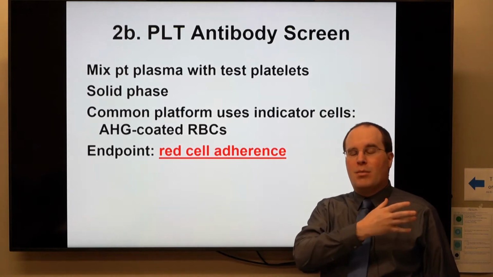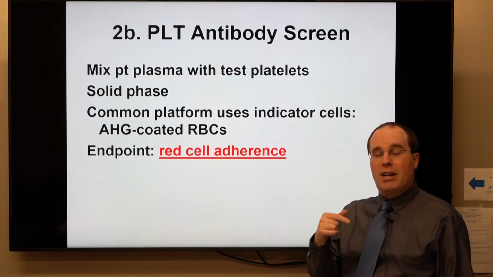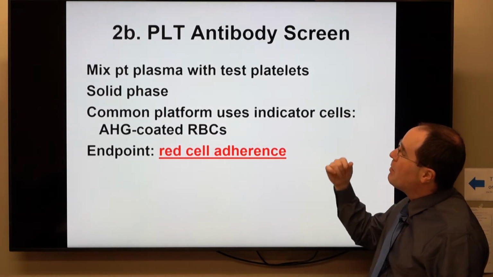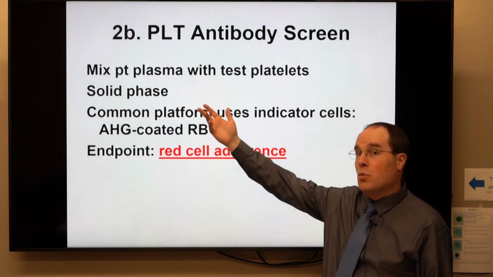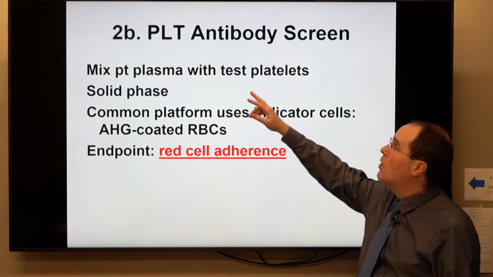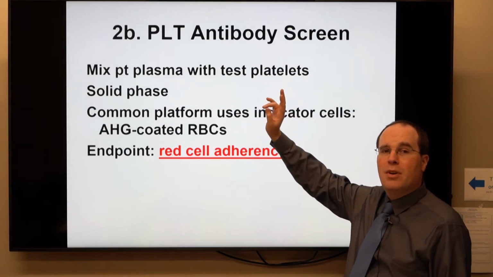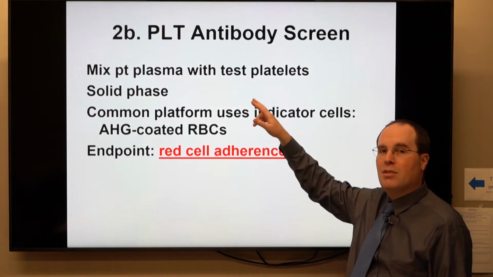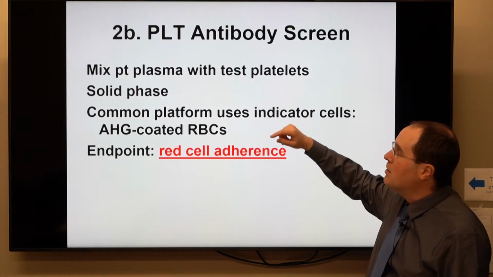The other method we're going to talk about now is the platelet antibody screen and also the platelet cross-match. So in a platelet antibody screen, we're going to mix, just like with a red cell screen, patient plasma with test platelets. So instead of test red cells, like we saw with the typical red cell antibody screen, we're going to use reagent platelets.